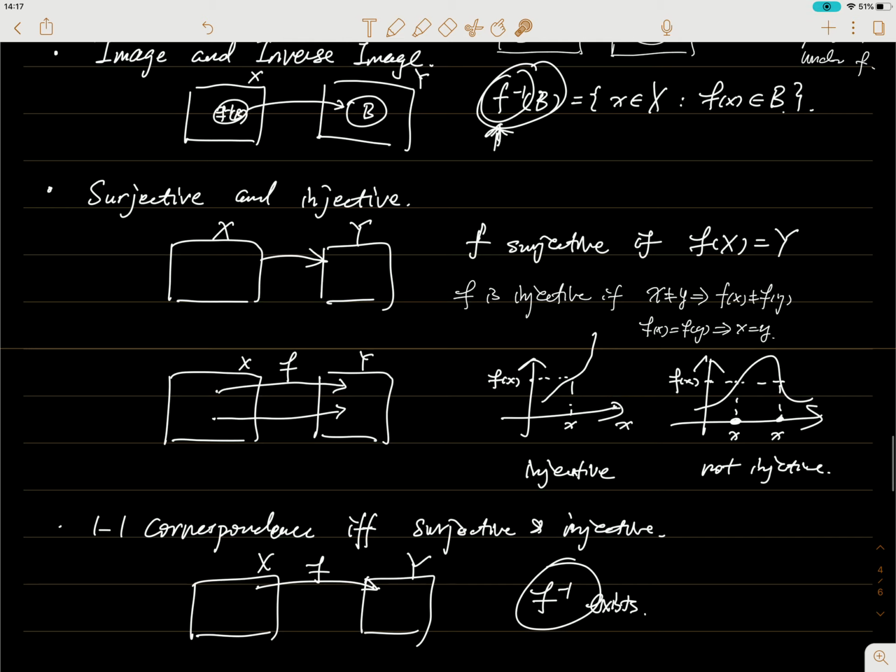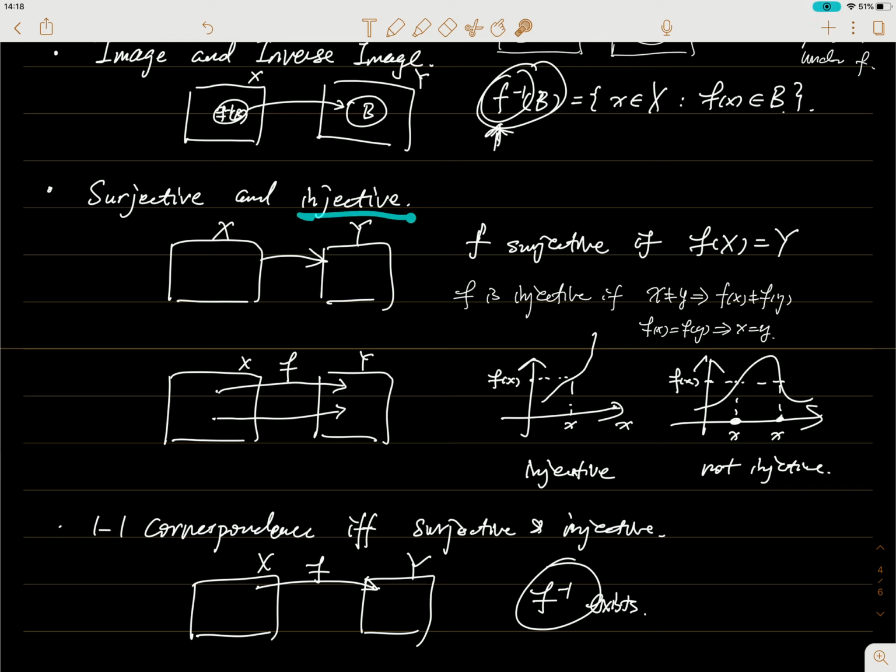If the function is both surjective and injective, then we call the function a one-to-one correspondence. So as you can see, if some function is surjective, that means f(X) will be the entire Y. So that means for every point in Y, there will be some point in X that corresponds to it.